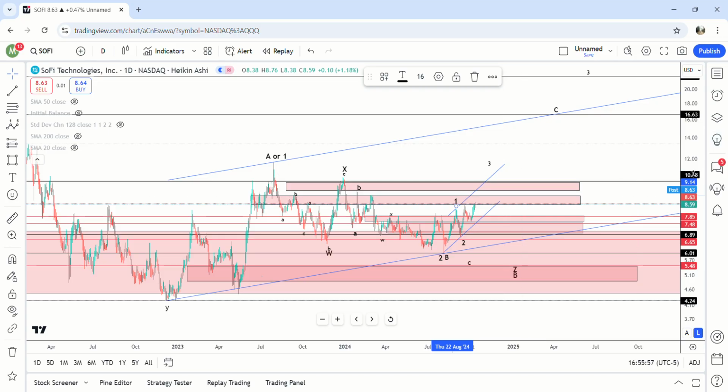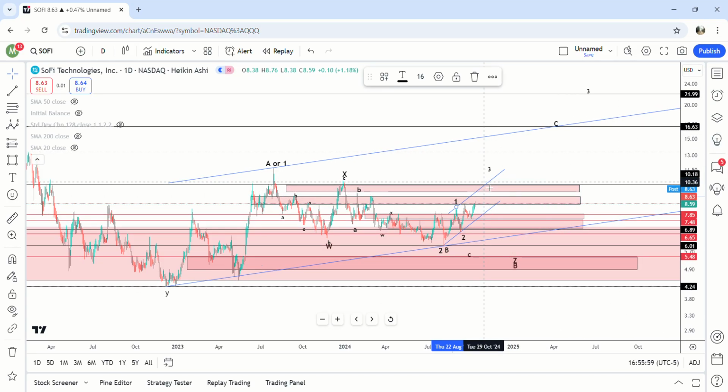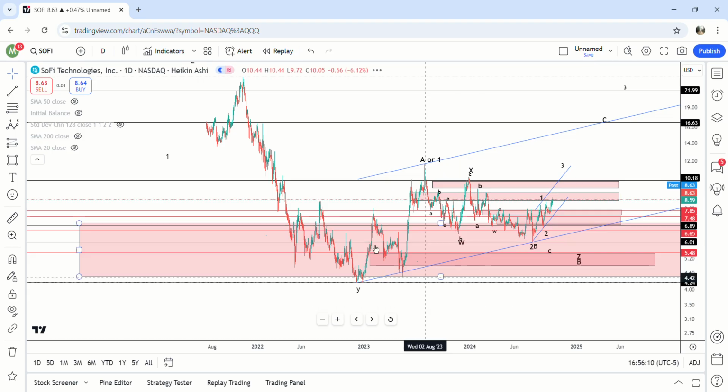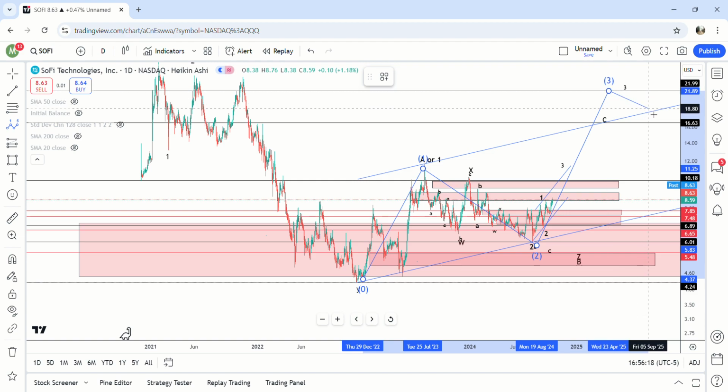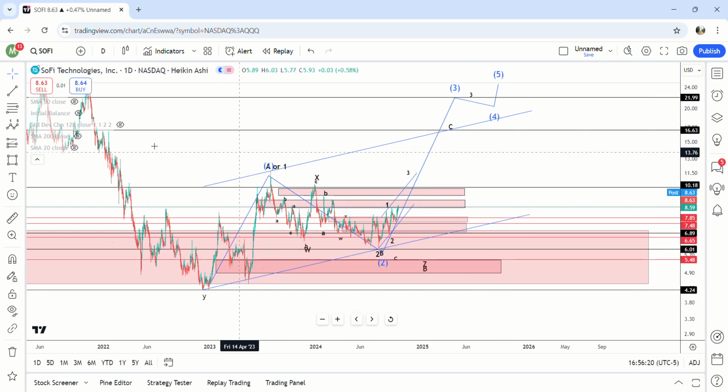So we'll see what happens. Break this parallel line, 1020 breaks, very good chance that I'm wrong and we're going up here, making the move up to 1670 and potentially 22 bucks. If it does go to 22 bucks, then that means it could be a third wave. It could still be a C wave too.